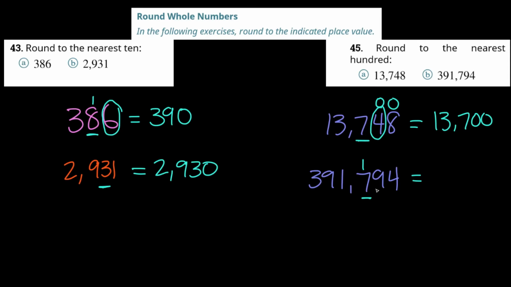So we add 1 here, then we change everything else to zeros. So our number rounded to the nearest 100, we have 391,000. 1 plus 7 is 8, so we have 800. So this number is rounded up to 391,800.